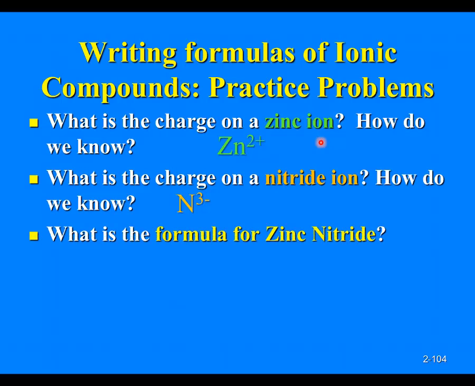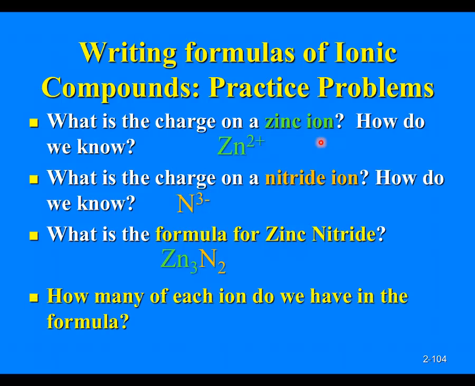So if I combine the two here, we need to balance out the charges on the zinc 2+ cations and the nitrogen 3- anions to form zinc nitride as my ionic compound. In this case, I show a subscript 3 for zinc, a subscript 2 for the nitride to balance charge for my formula. Another way of visualizing this is we have 3 zinc 2+ cations combining with 2 nitride 3- anions.